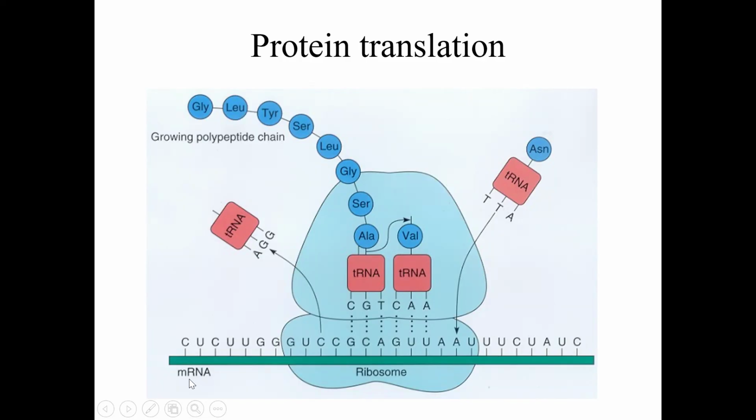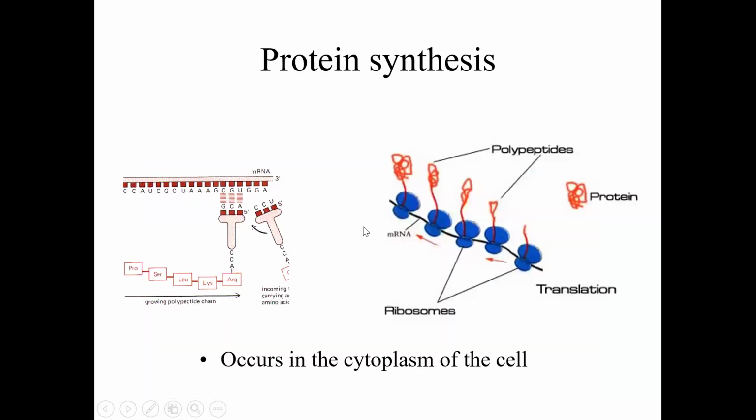You have your messenger RNA here bound to the ribosomes. You have your transfer RNA adding the molecules of amino acid, and then the growing polypeptide. The growing peptide continues for the synthesis of the whole protein molecule.